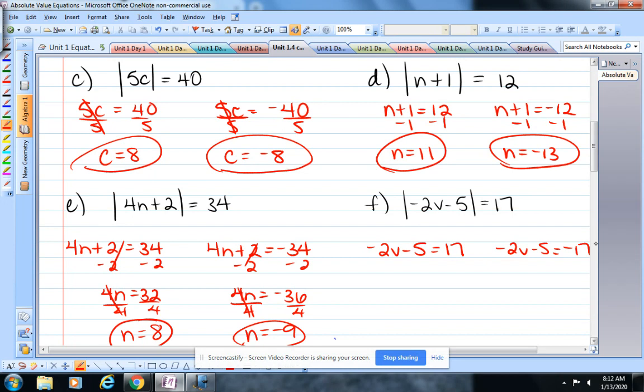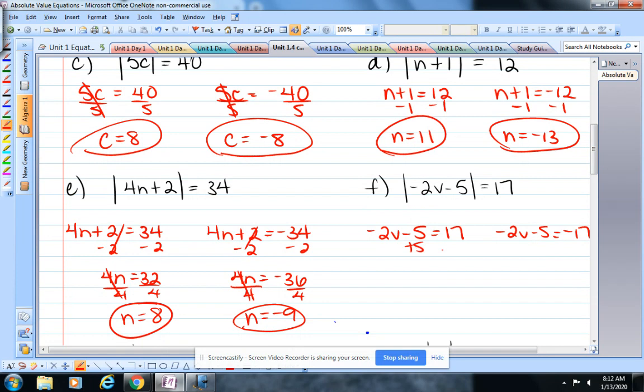So the only thing you change is the last numbers. All right. So how do I solve for b? Add 5 to both sides. So negative 2b equals what? What's 17 plus 5? And then divide by negative 2. And b equals negative 11.